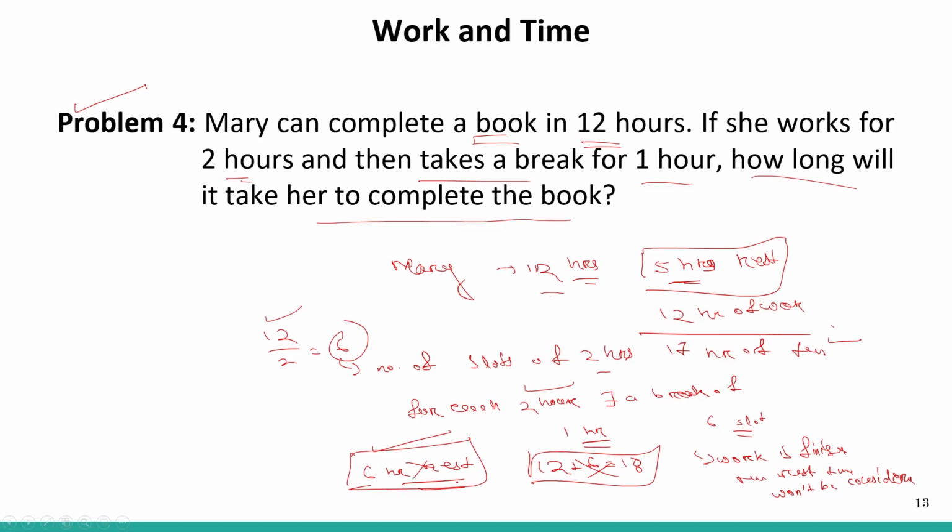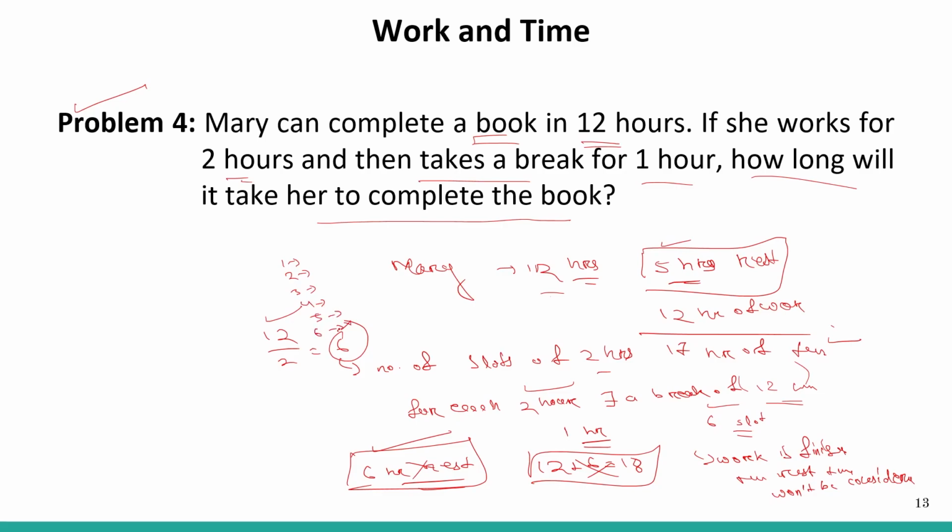But here is the tricky part. After doing the 6th slot, 12 hours of work are completed, so the job is done here, and the rest period won't be considered. So only 5 hours of rest: after the first slot, then after the second, the third, the fourth, and the fifth.